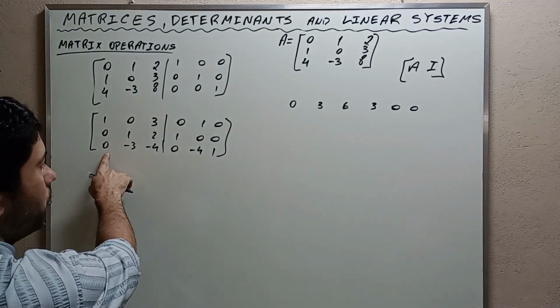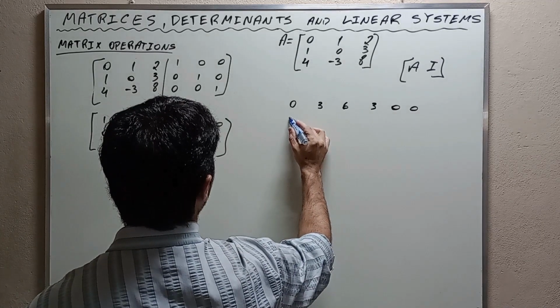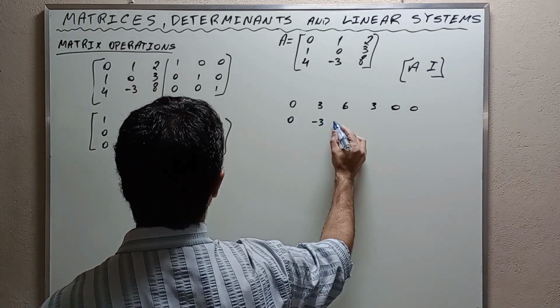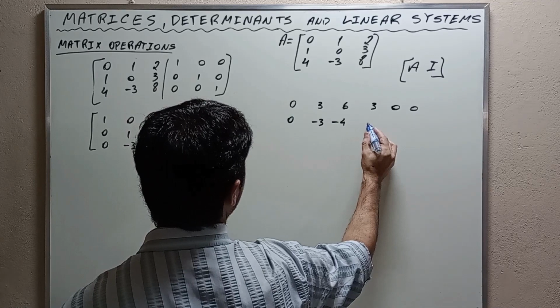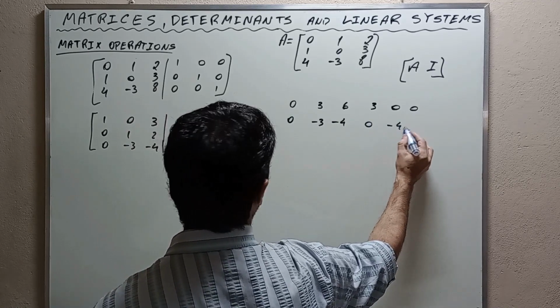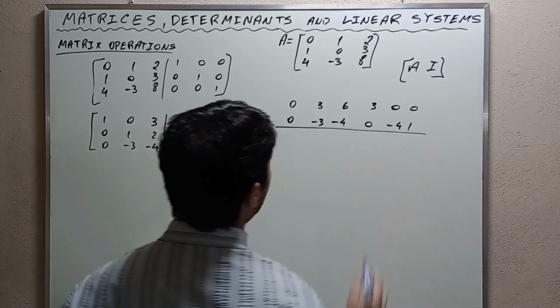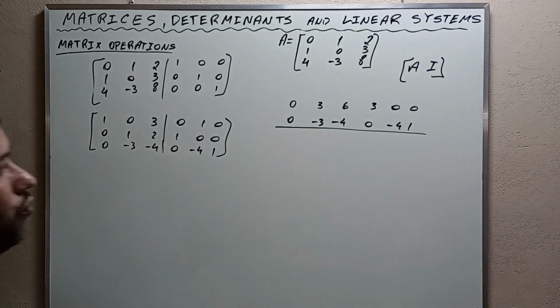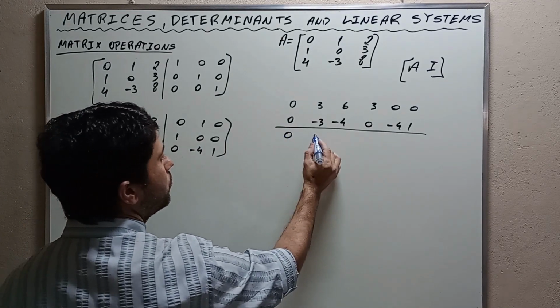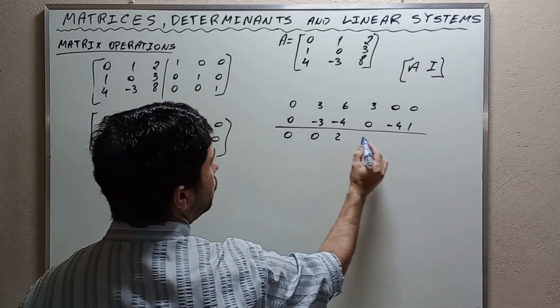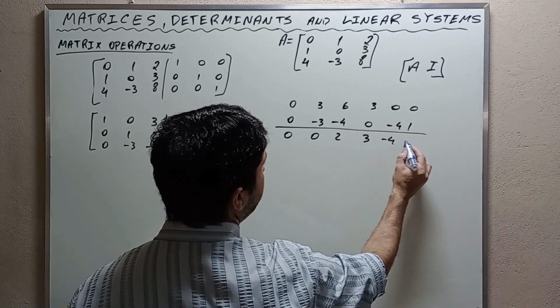And we sum with row 3, 0, -3, -4, 0, -4, and 1. When we do this, we find 0, 0, 2, 3, -4, and 1.